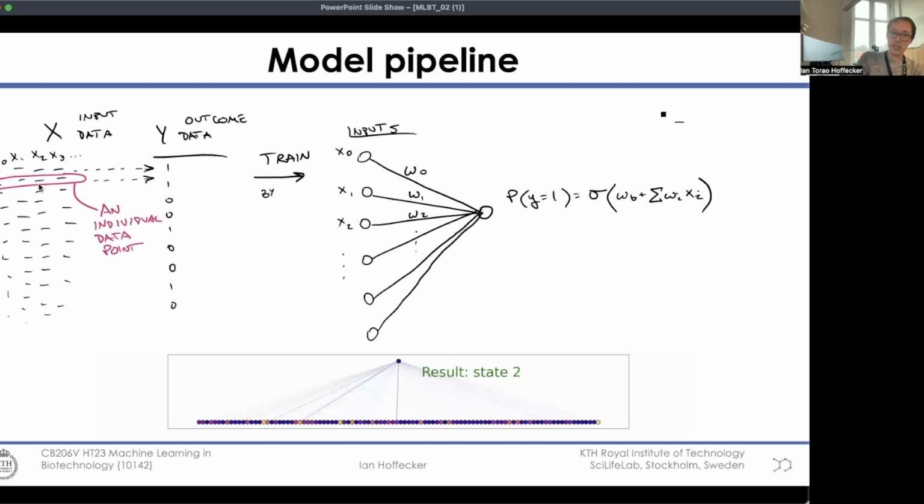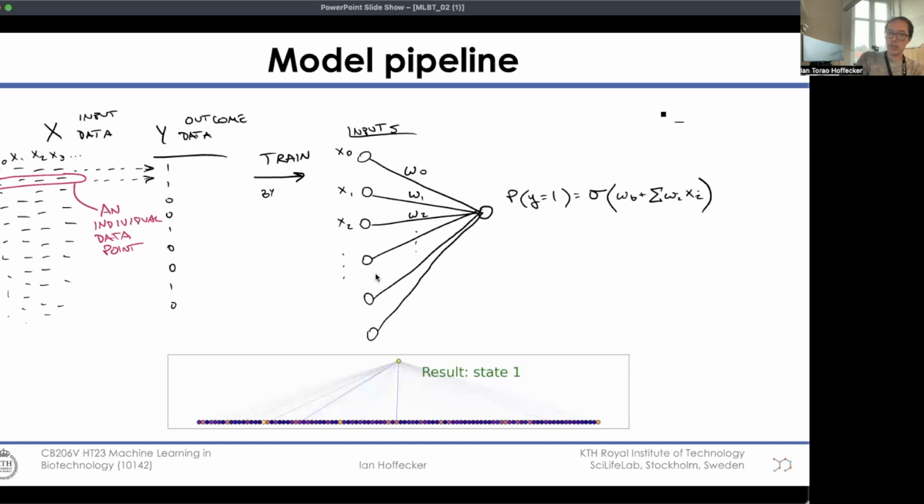So it might be that for x2, if there's a high value for x2, then this is going to strongly increase the chances that y is a 1 here. And it might be that x0, a high value here, has very little impact on whether it's 1 or 0. So the key parameters we're trying to find are these weights. And the weights are how much these inputs matter.